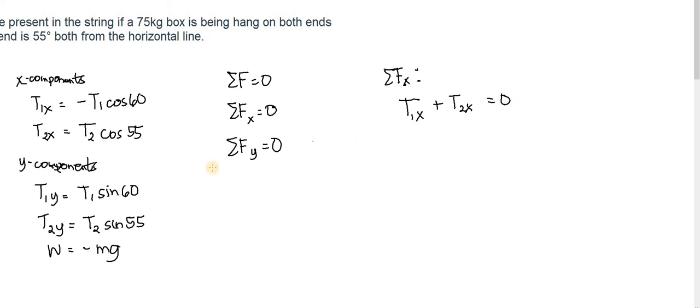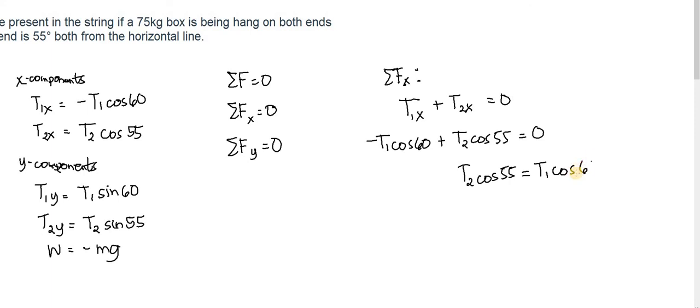Substituting the values, that will be negative T1 cosine of 60 plus T2 cosine of 55 equals 0. Simplify: T2 cosine of 55 equals T1 cosine of 60.